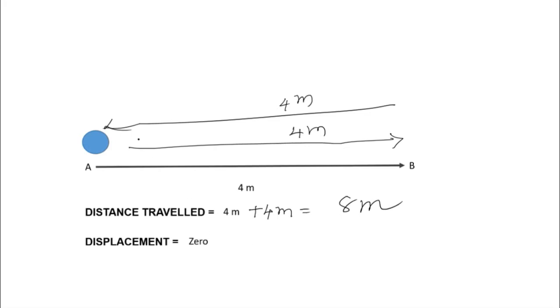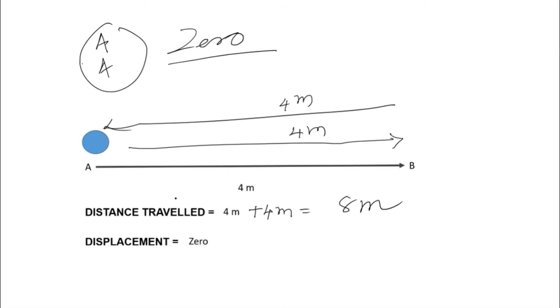And what is the shortest distance between the initial position and the final position? The initial position was A, and the final position is A, because it has gone and come back. So the distance between them is 0. Therefore, if an object comes back to its initial position, then the displacement becomes 0.